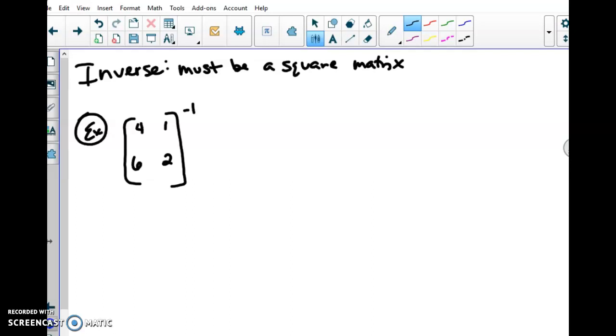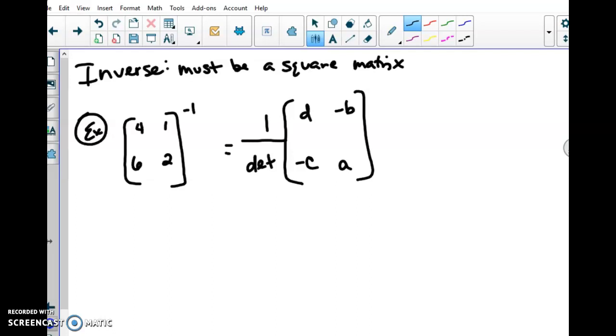So when we're looking at this situation, we're going to have 1 over the determinant times, and if you remember, some things get switched around. D and A get flip-flopped, and then B and C become the opposite of what we see. So I'm first going to figure out the determinant.